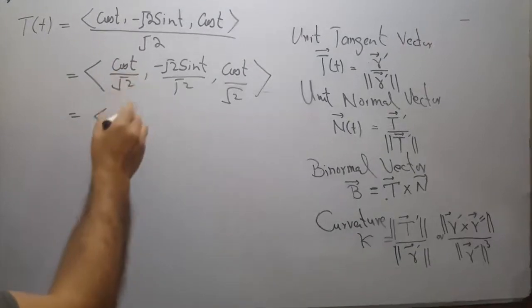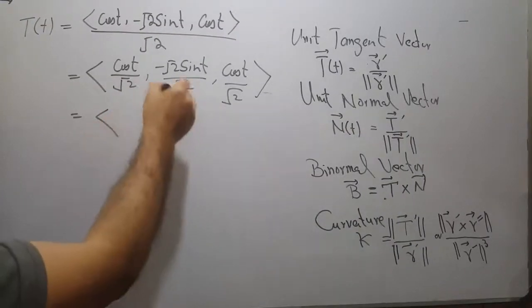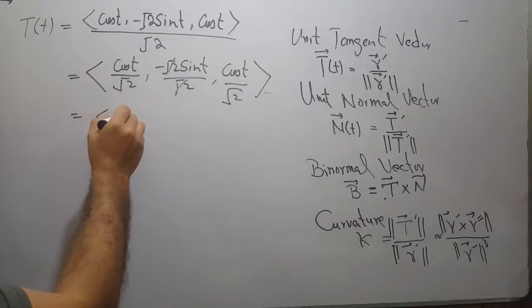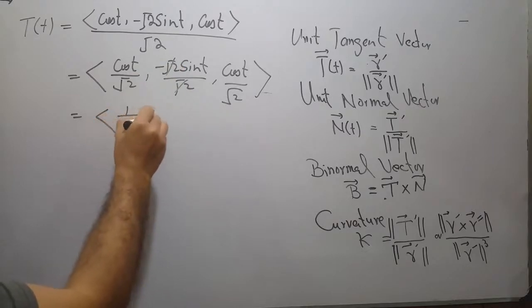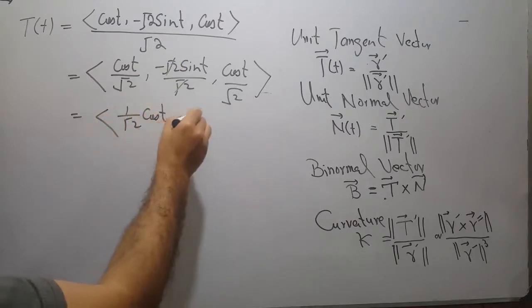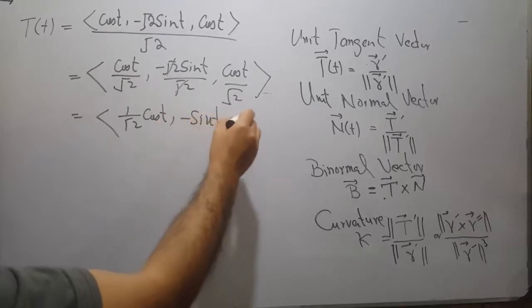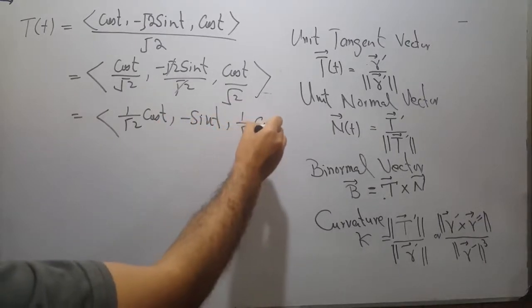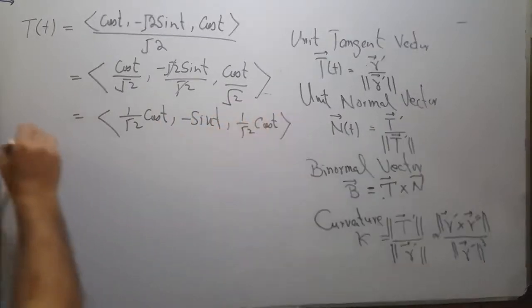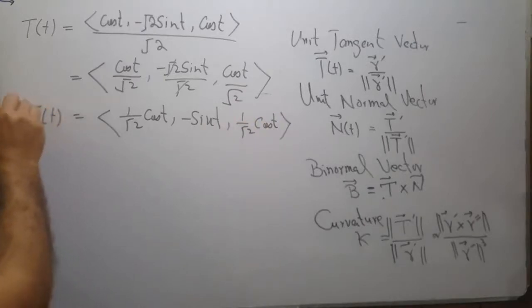So that gives you 1 over square root 2 cos of t, minus sine of t, and 1 over square root 2 cos of t. So that is our T, the unit tangent vector.